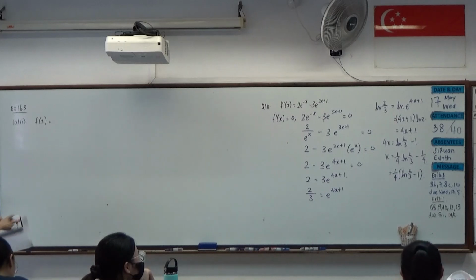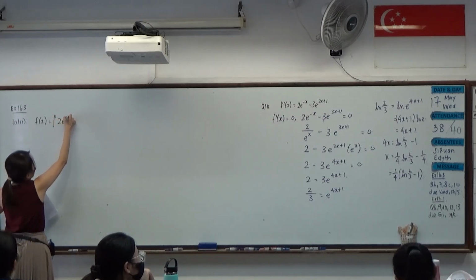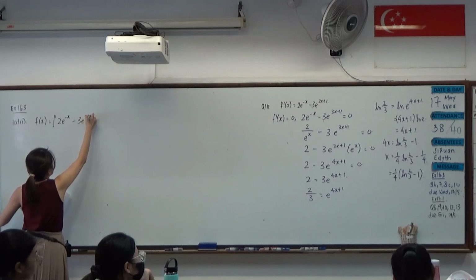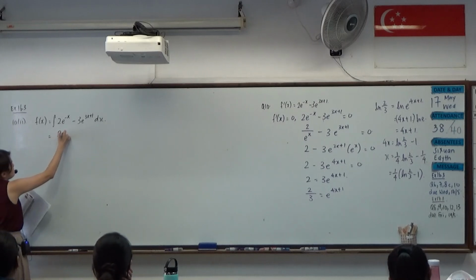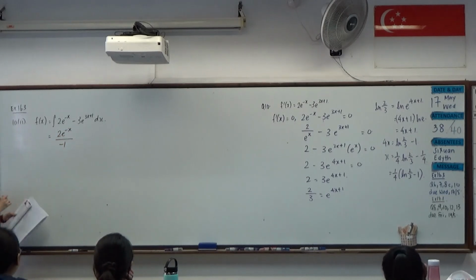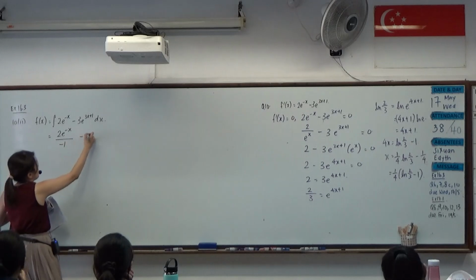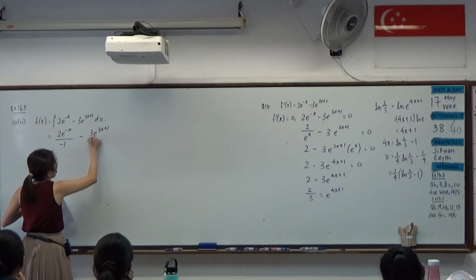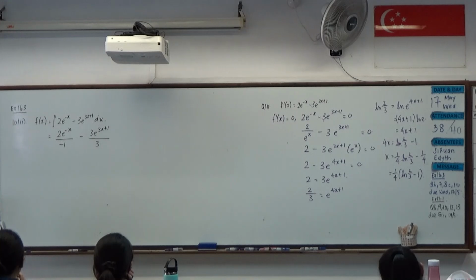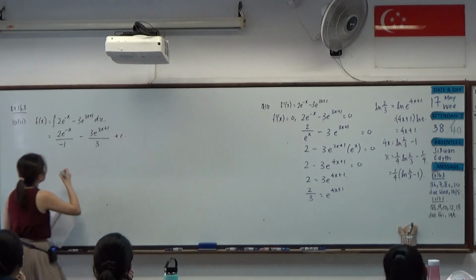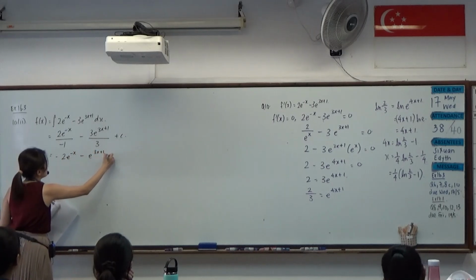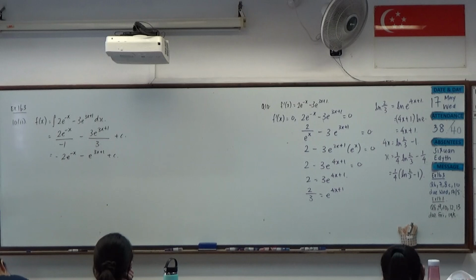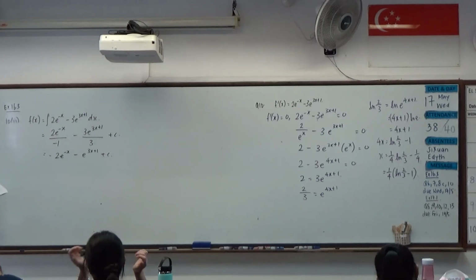Integrating the given derivative, 2e to the power of negative x minus 3e to the power of 3x plus 1, what we will eventually get is keep the same thing, not forgetting to divide by the coefficient of x, followed by the other one also the same, and then not forgetting to add c. And f x simplifies to negative 2e to the power of negative x minus so on.